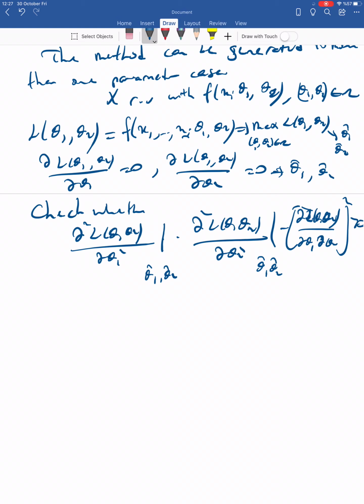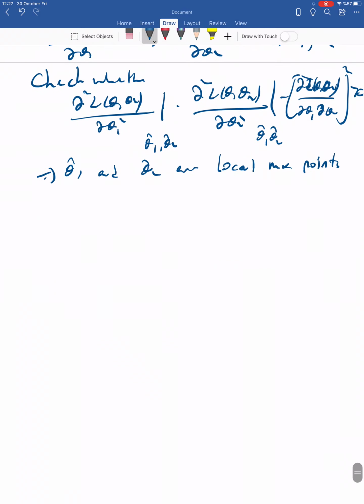If it is positive, then these theta 1 hat and theta 2 hat give us local maximum values. Okay, so let's look at an example, then I will finish today. Next time I will continue with more examples.